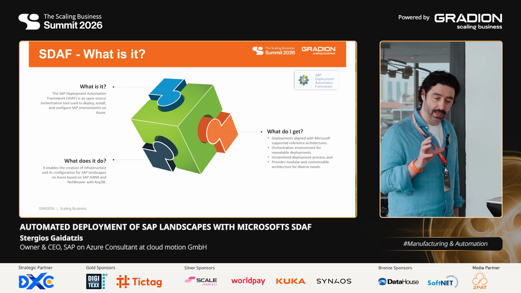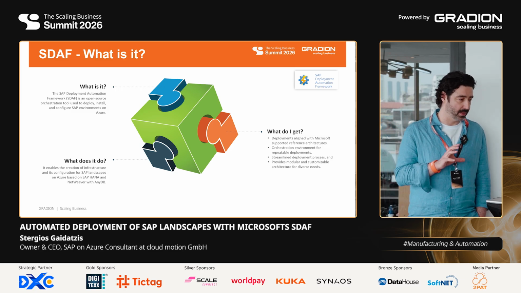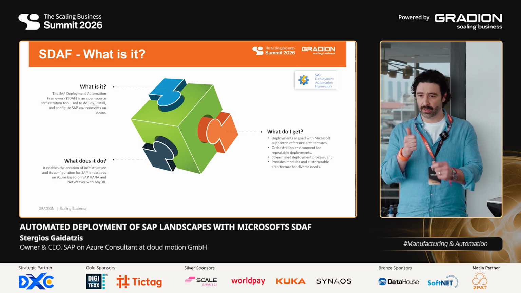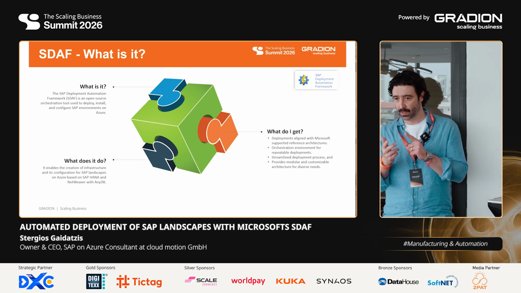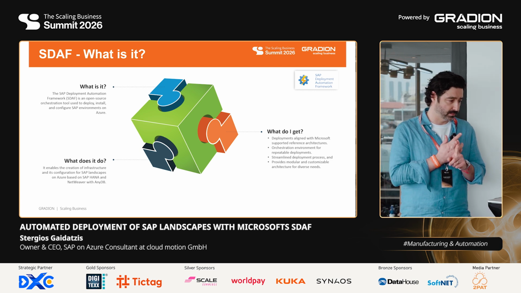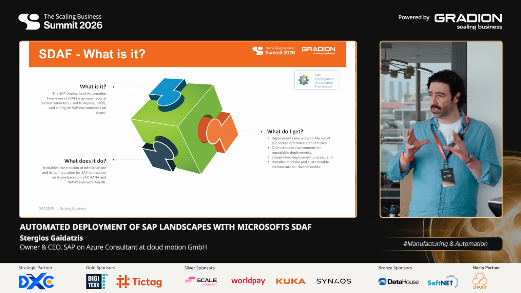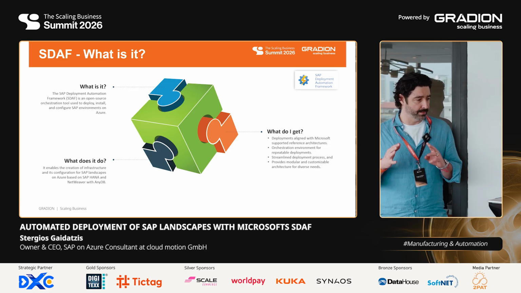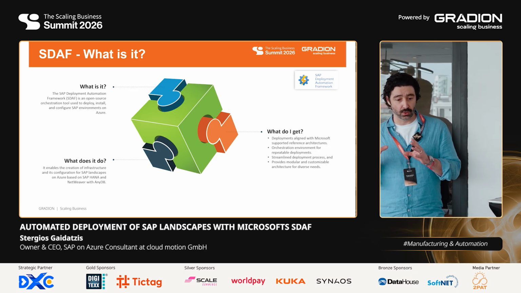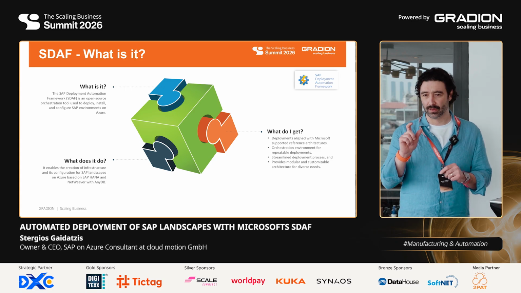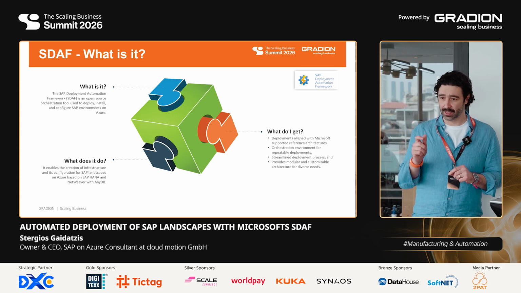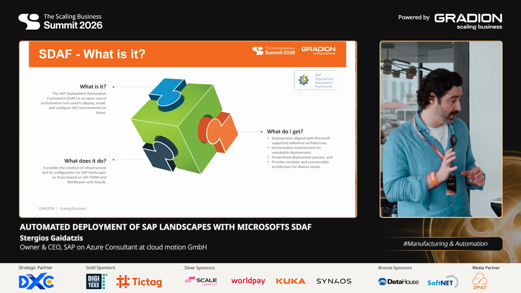So what do I get if I implement SDAF? We have an aligned architecture with Microsoft and SAP. It's fully supported. We have an orchestration environment. You can forward this to your DevOps team. This is also a very tricky part because no one has skill in this layer, so it's possible to put this there.